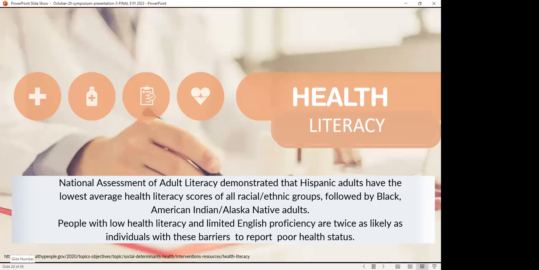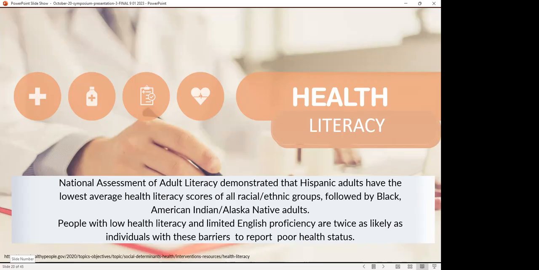So there is something else that I wanted to talk about that is important, and that is health literacy. Health literacy is the ability to understand health information and put it into practice. That is my own simple definition of health literacy.